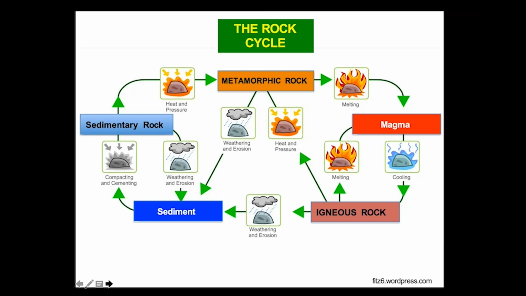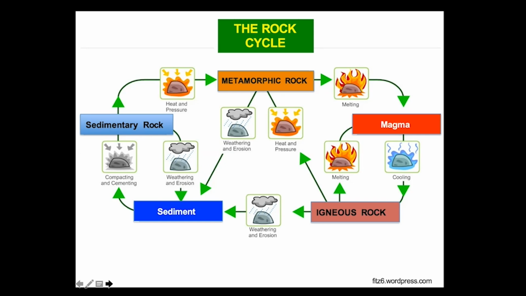If we then melted that rock, it becomes magma. The magma may then cool, and that would form an igneous rock. That might then be affected by weather and erosion, which would form a sediment, and then that sediment would become a sedimentary rock. What we've done there is follow the cycle, the outer cycle.